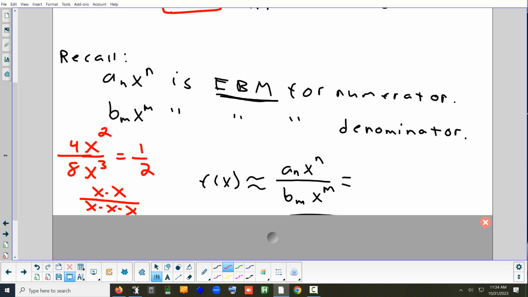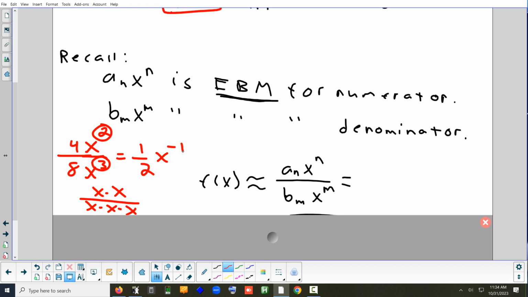Does anyone remember what the rule is? You can actually find it without writing all these out. You just take this number and subtract them. You subtract the one in the top minus the one in the bottom, and that gives you an x to the negative 1. But whenever you have a negative exponent, that just means to put your letter where? In the bottom.